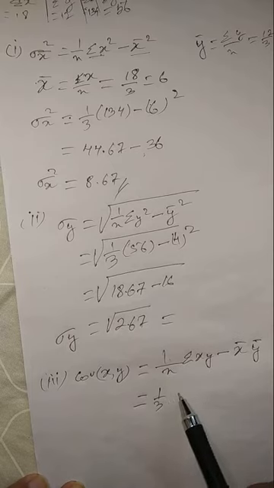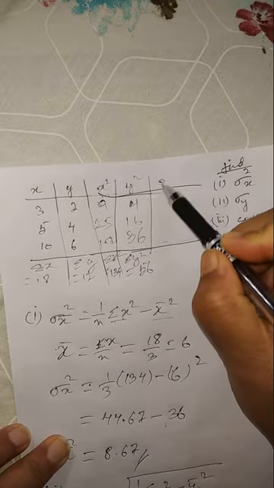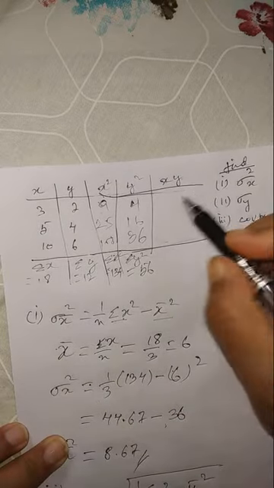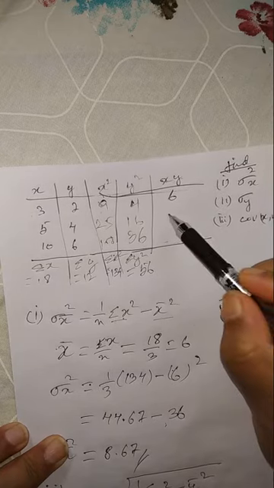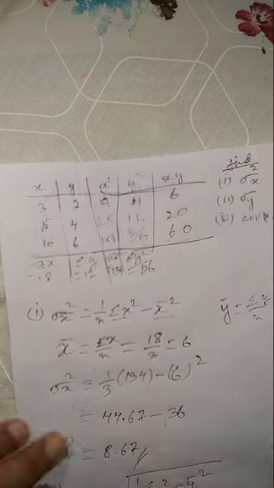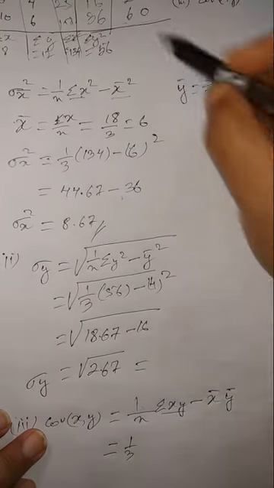Now summation xy we haven't got, isn't it? So let us find out summation xy. That means x multiplied by y. That means this multiplied by this, this multiplied by this, this multiplied by this. So 3 2s are 6, 4 5s are 20, and then 60. So it is 86.